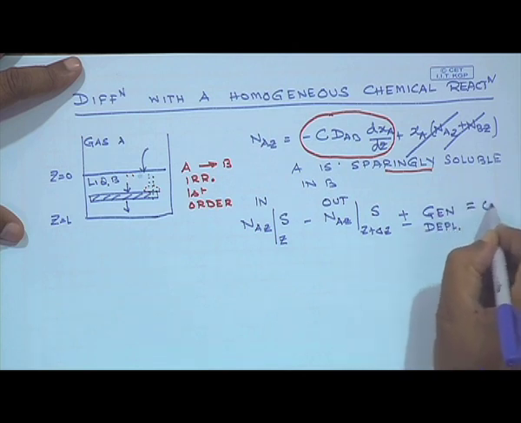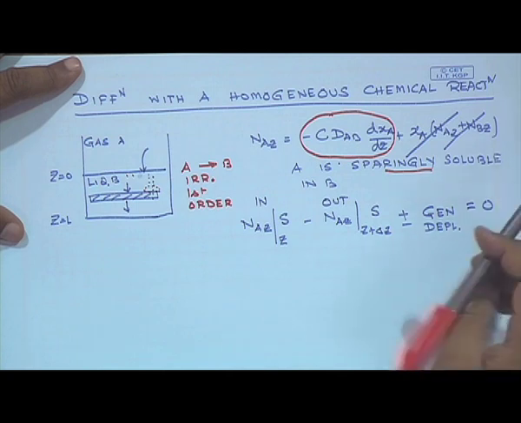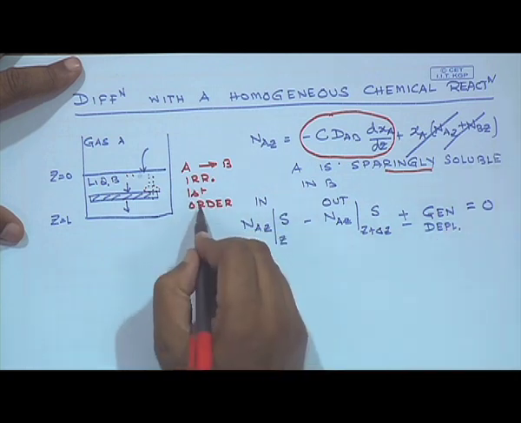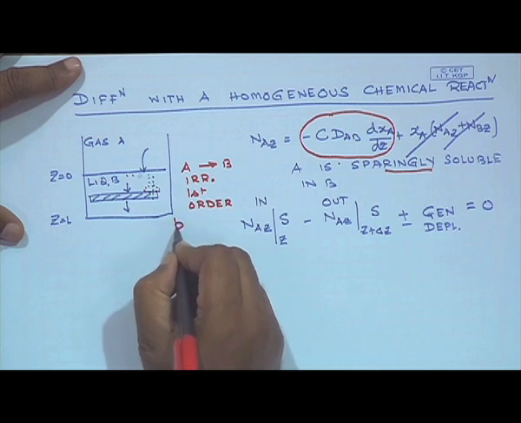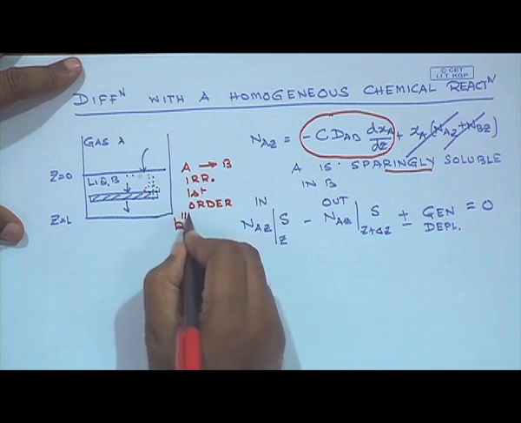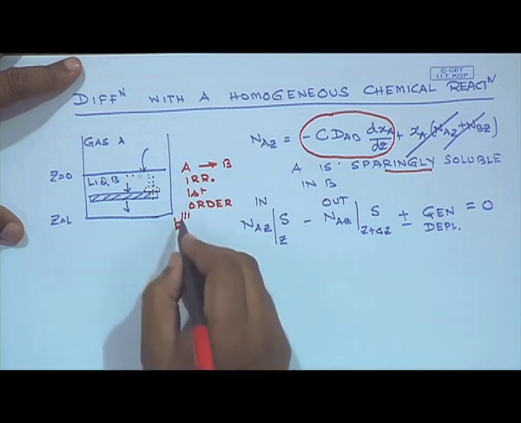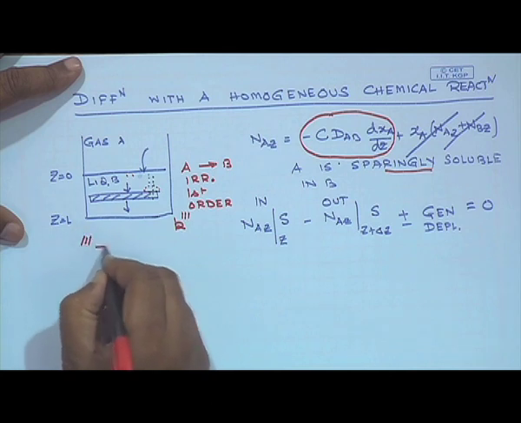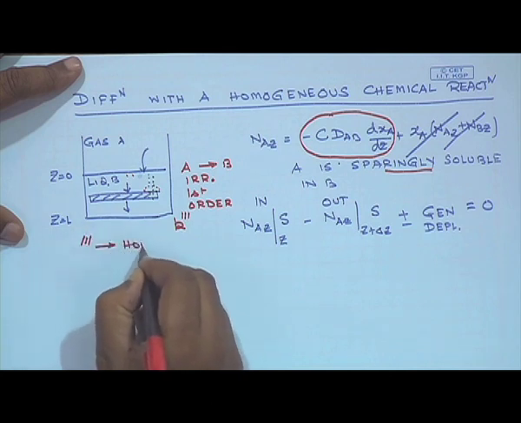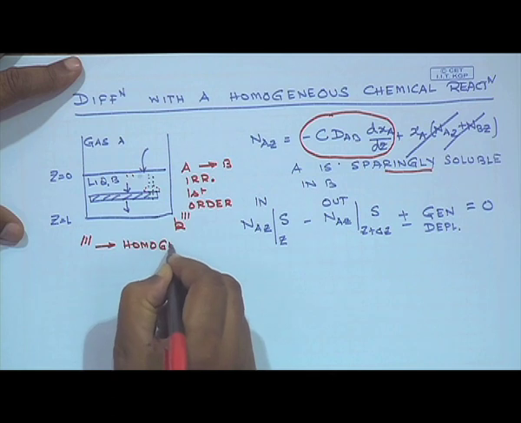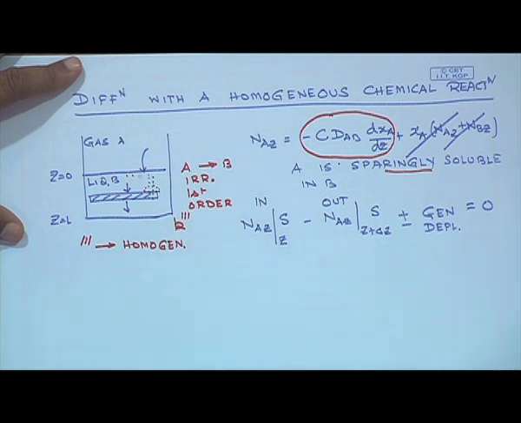At steady state, this is going to be 0. Now, what is this generation and depletion? Since it is a first order reaction, let us assume the reaction rate constant is k1 triple prime. As I mentioned, triple prime refers to homogeneous reaction, whereas double prime refers to heterogeneous reaction.